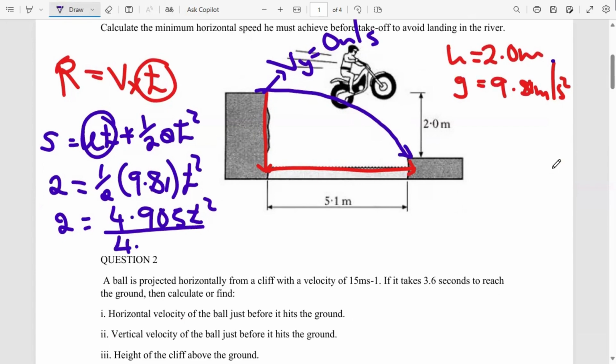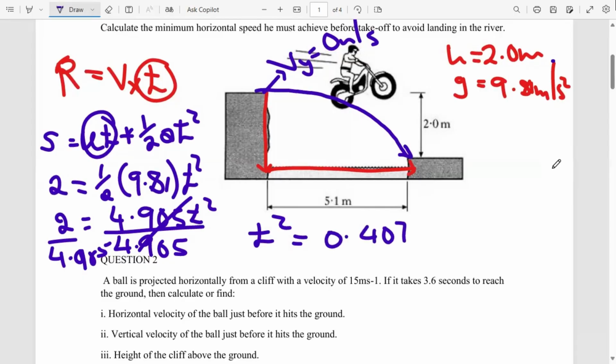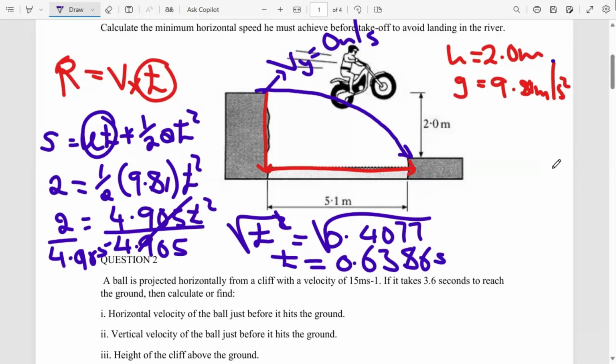So I'll divide by 4.905, even this side over 4.905. Our t squared will be equal to 0.4077. I take a square root on both sides of my equation. Let's find my time of flight as equal to 0.6386 seconds. So this is the time of flight using motion in the y-axis.